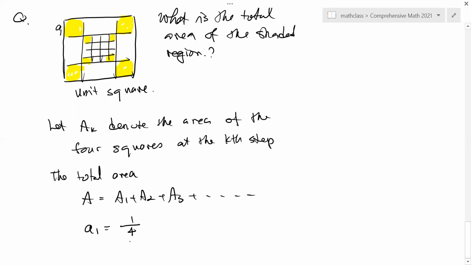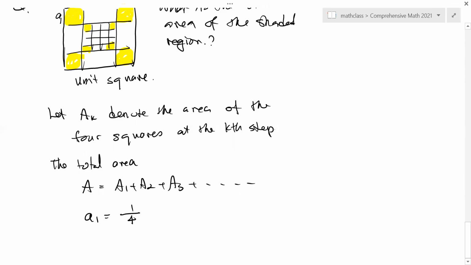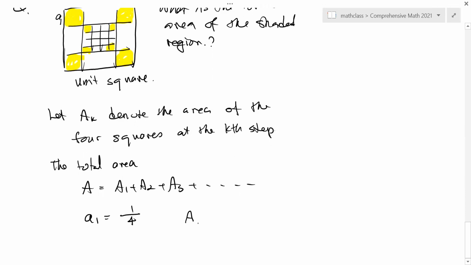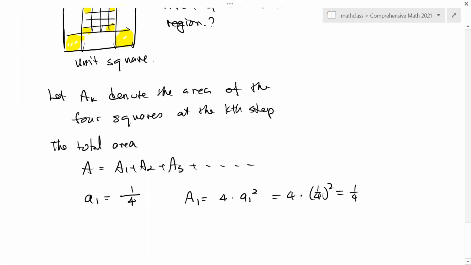So the area is 4 times A1 squared, because you have 4 same squares there. So it's 4 times (1/4) squared. This is just a quarter. That's the first one.